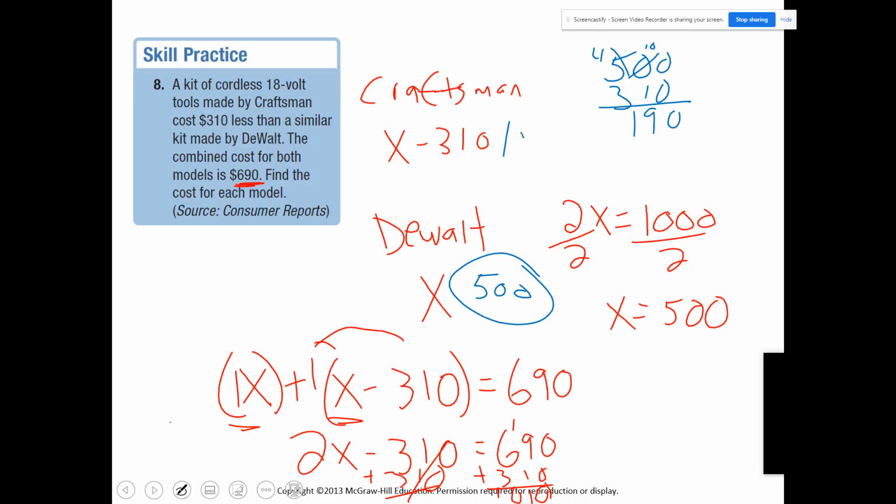So then this one would be 190. That's the price of the Craftsman. And every problem like this will be set up the same way. One will always be an X, the other will always be X, either plus or minus, whatever the problem is saying. And then you'll combine them and it'll equal whatever the price is for both.